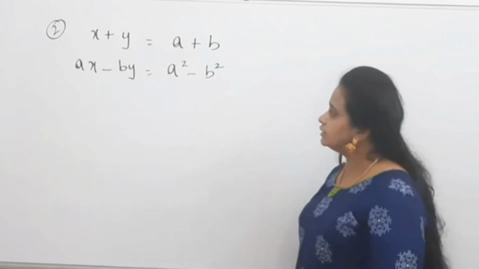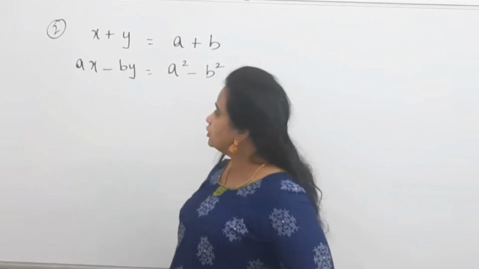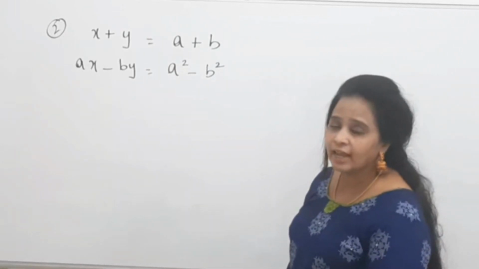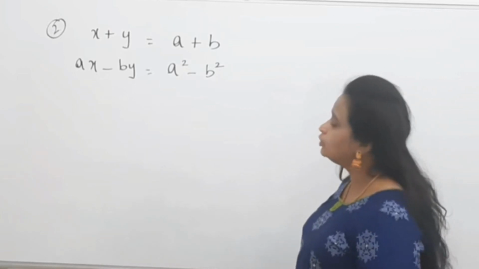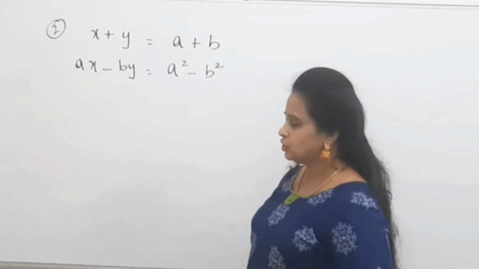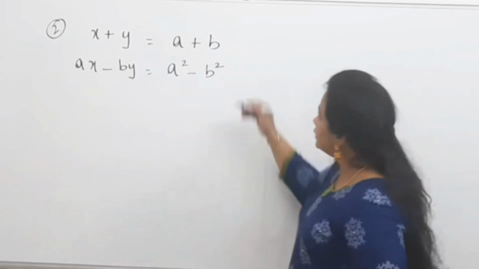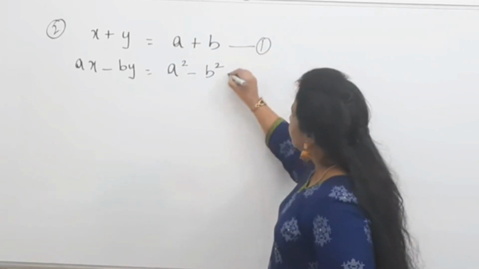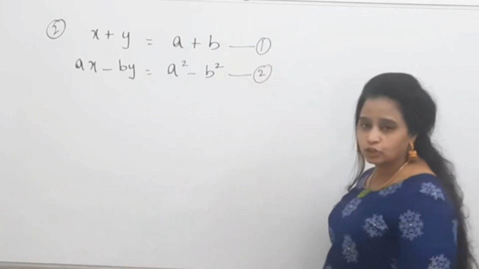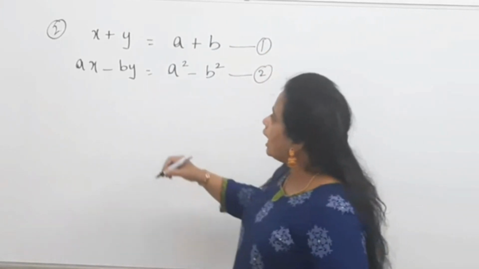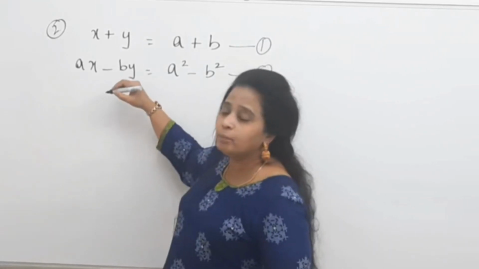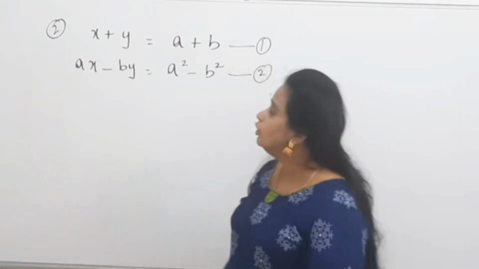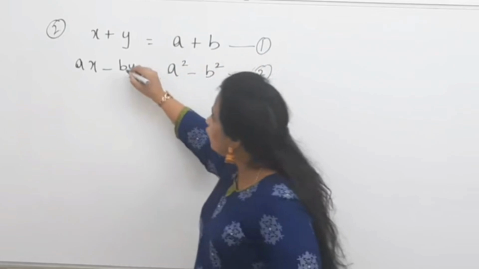Second question is x plus y is equal to a plus b and ax minus by is equal to a square minus b square. Now my first step is I will name the equations 1 and 2. The second step is I will choose my variable which has to be cut. So I will choose my y variable.